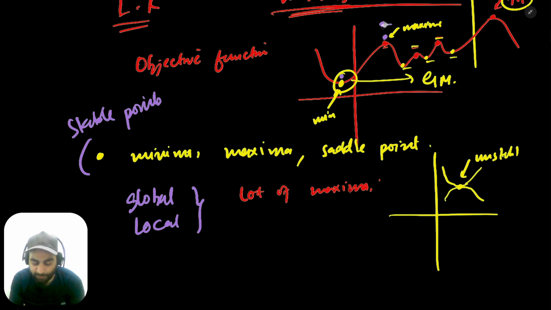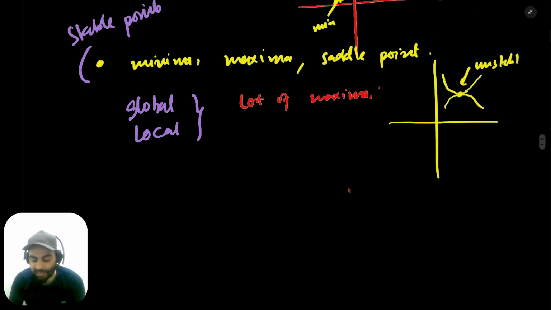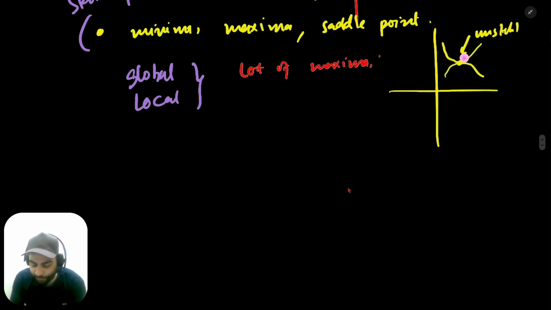Why? Because of this property. If you have a point over here, it is stable. If you push it in any direction, it will come back to the local minima. What is the saddle point? A saddle point has, for example, two ways. If you push it in one direction, it will go into the minima from one side, and from the other side, it will go to the maxima.